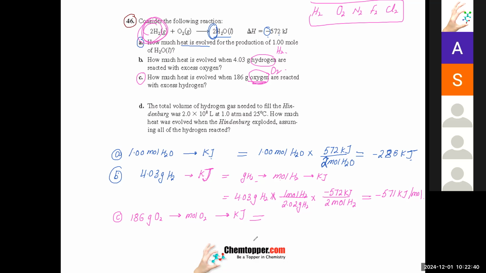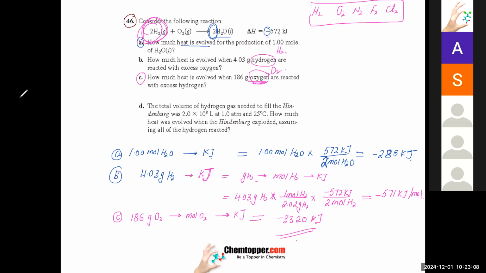Keshav, go for three significant figures and put your answer again. Your answer is right, but the significant figures are wrong. Yes. So the answer is 3320 kilojoules. Yes, Arnav, very good. Bhavya, good. Okay, so we are done with A, B, C.